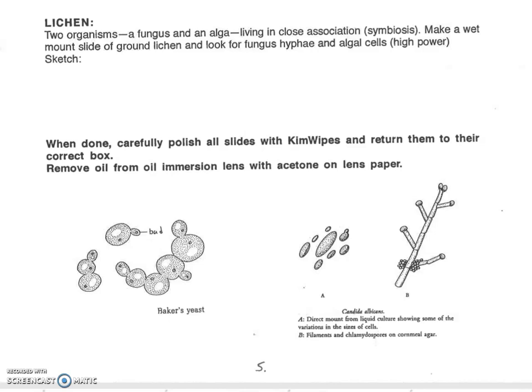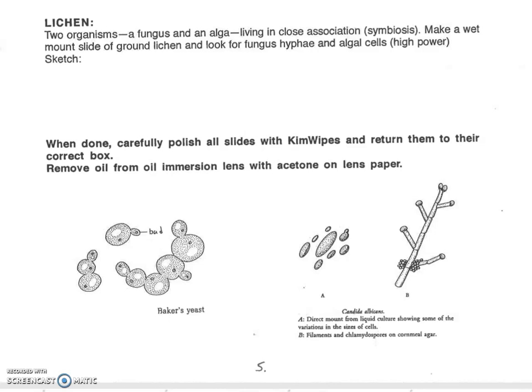We have some lichen in the lab, but you can easily go out where you find some decaying wood. There's typically, especially if there's some moisture around, you should be able to find some lichen that's growing on, let's say, decaying wood.